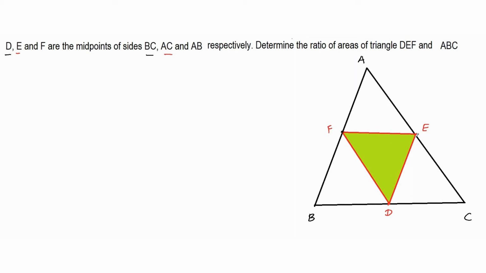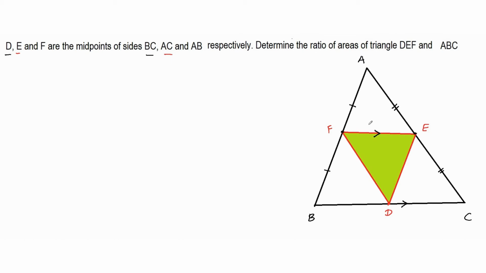Because F and E are the two midpoints. So I know that AF is equal to FB and AE is equal to EC. So I know that according to the midpoint theorem, I can state that FE is going to be parallel to the side BC.